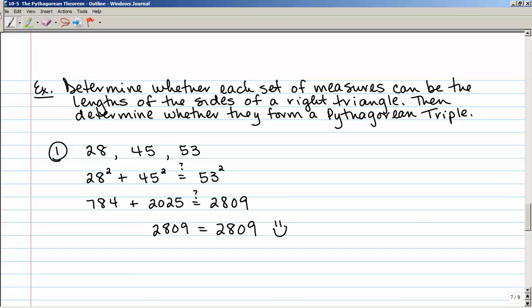So, yes, this is a right triangle. So it does work in the Pythagorean theorem, and because the numbers are natural numbers, that is, remember, no decimals, no fractions, no square roots, no negatives, no zeros, it is a Pythagorean triple.